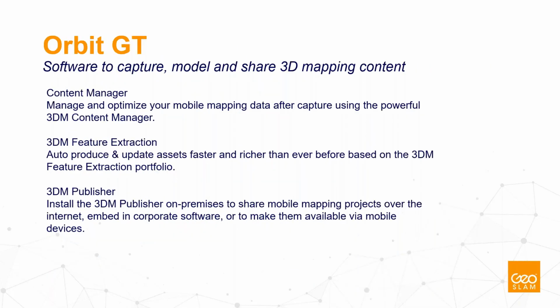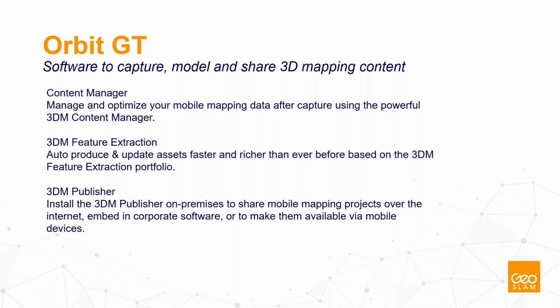And then to talk you through the software: the Orbit GT software is for helping us capture, model and share 3D mapping content. Typically the structure with Orbit software is that they have Content Manager, which is used to manage and optimize the mobile data once you've captured it, and helps you organize it within a database.